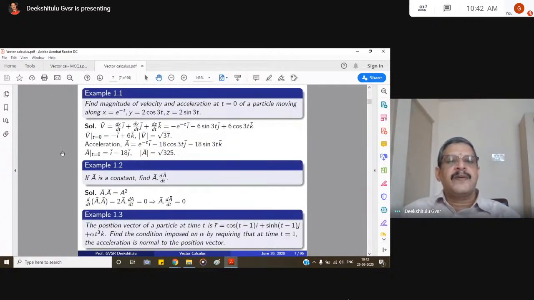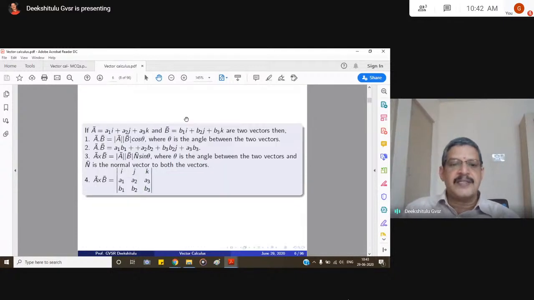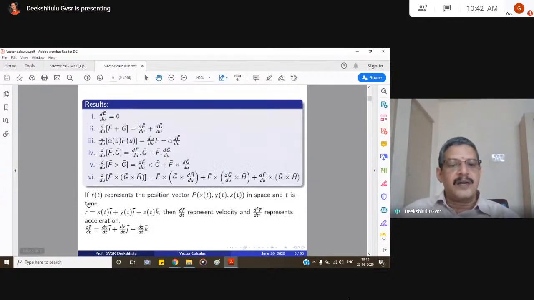Example 1. Find the magnitude of the velocity and acceleration at t equal to 0 of a particle moving along x equal to e power minus t, y equal to 2 cos 3t, z equal to 2 sin 3t. The position of the particle is given to you. As I said earlier, R bar is a standard definition; remember this throughout our discussion.